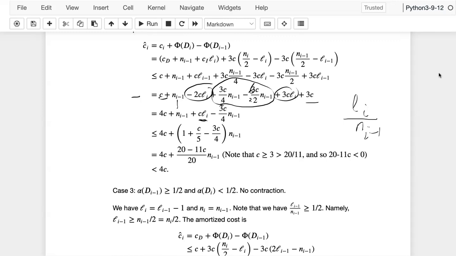So this is after the insertion. We know that this is less than or equal to 1/5. So that's what we have here, less than or equal to.